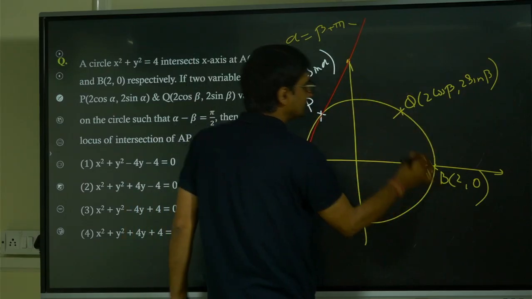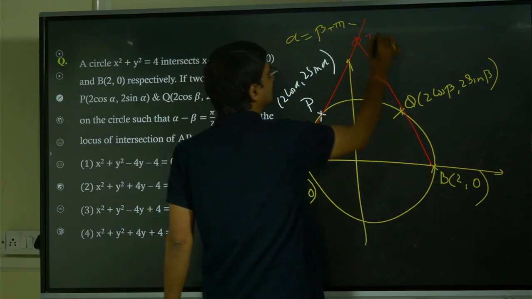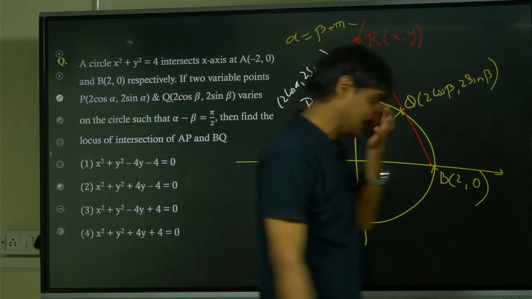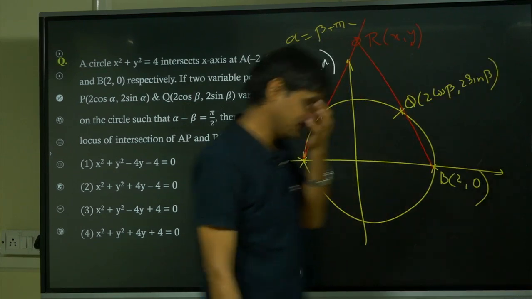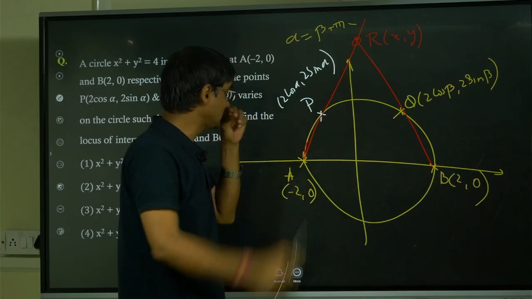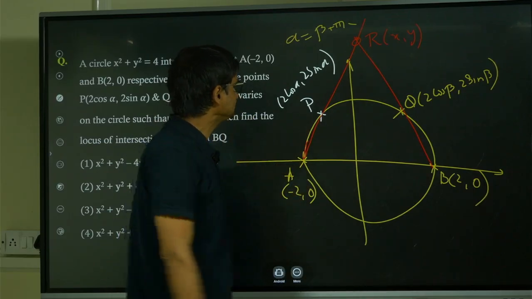We have to find the locus of this point as P and Q move on the circle. We have to get rid of alpha and beta.